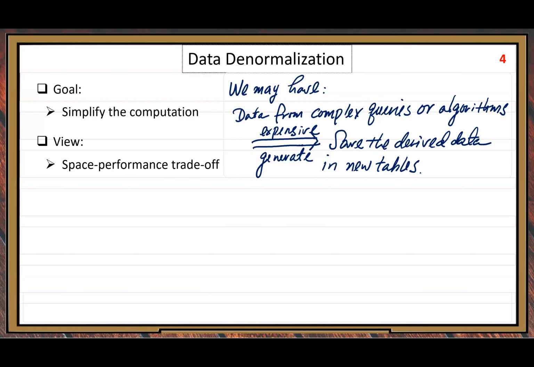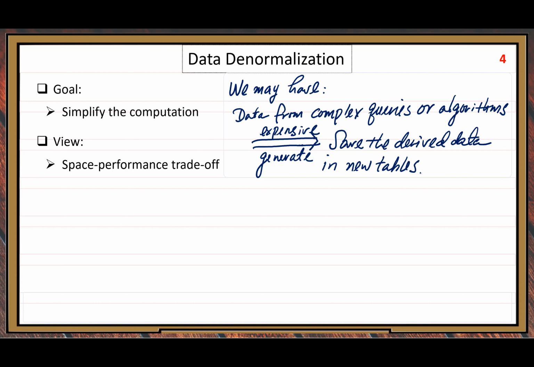We are willing to use more storage space to get better performance. That's the cost we're willing to pay. That cost is relatively small compared with the gain we have.